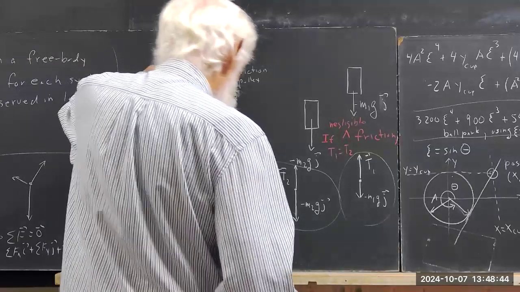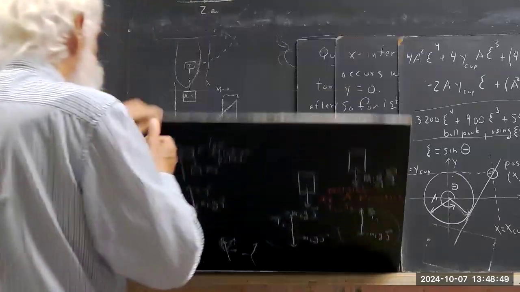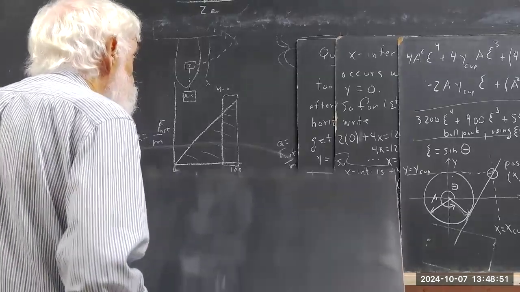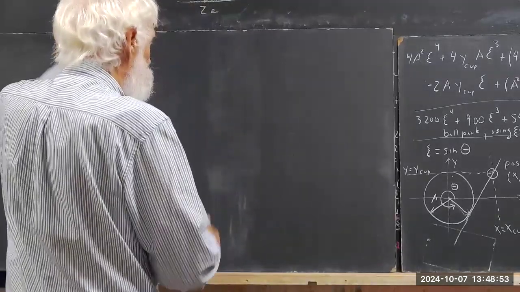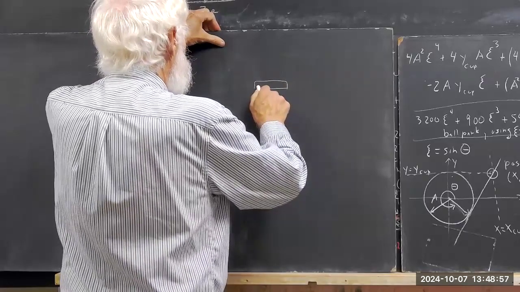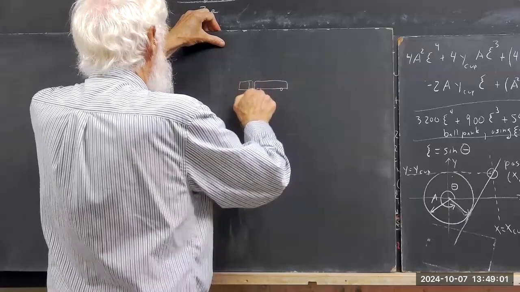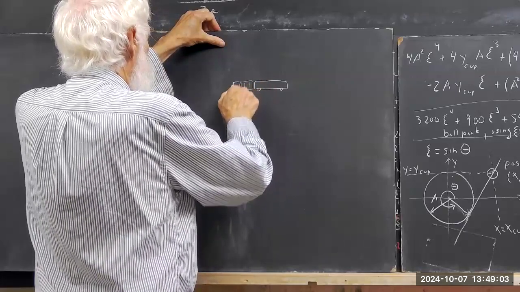We have the cart with the magnets and the situation. Here's your cart, and here's a stack of dominoes, and here's the magnet.